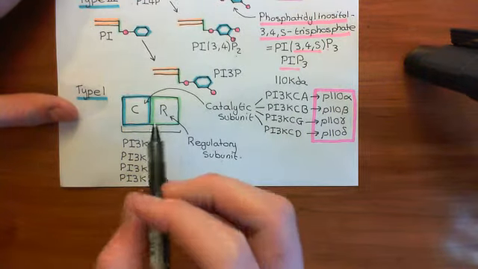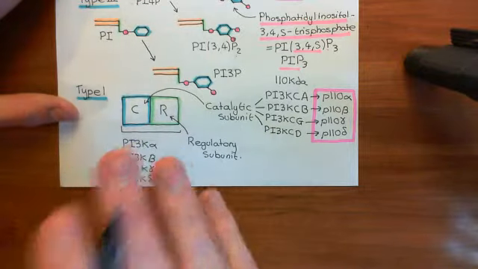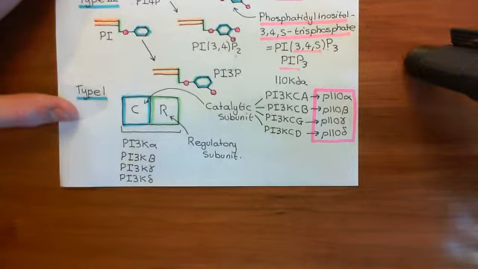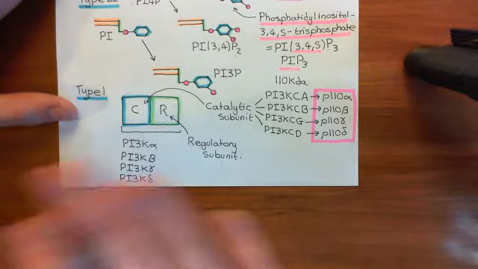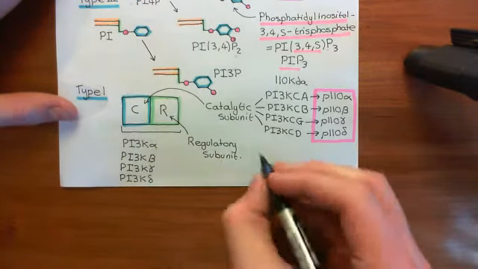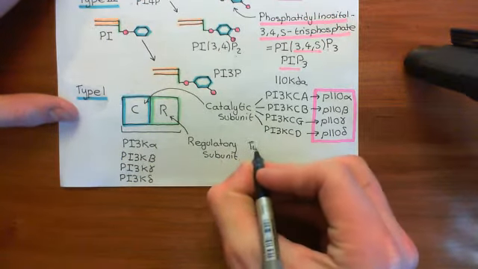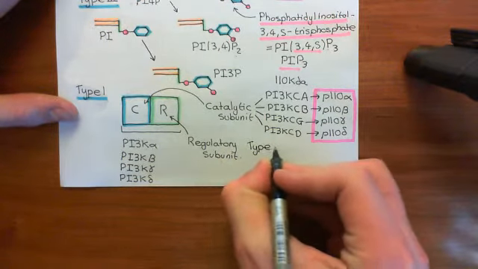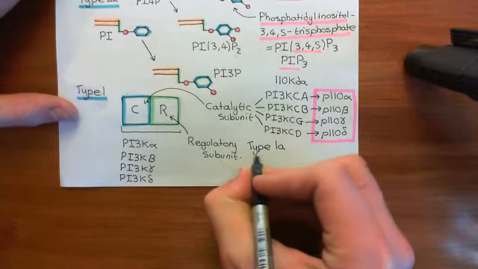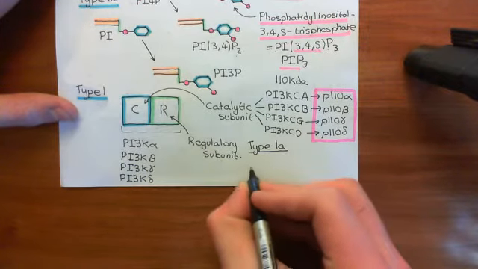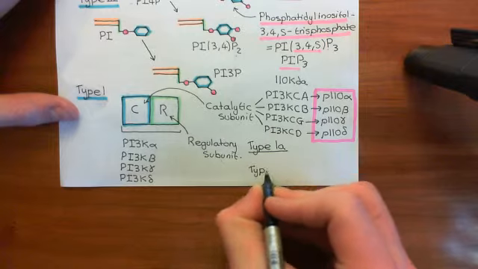Okay, so now type 1 phosphoinositide 3-Kinase enzymes are going to be broken down into even more classifications. Okay, so there's a further classification. We can classify the phosphoinositide 3-Kinase enzymes according to whether they are type 1A or type 1B.